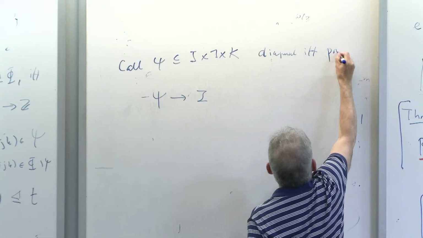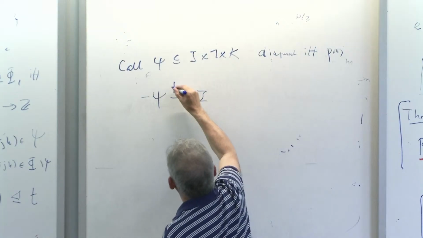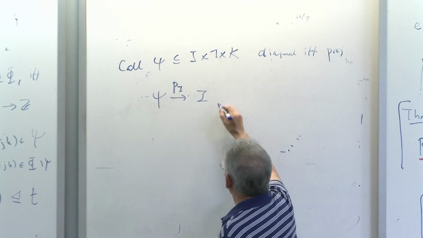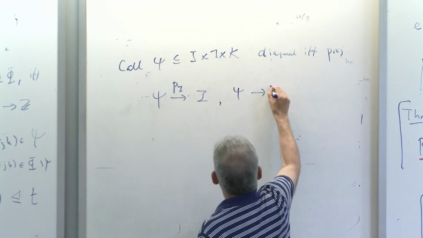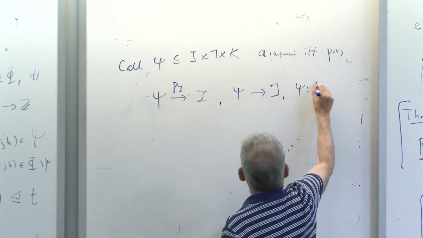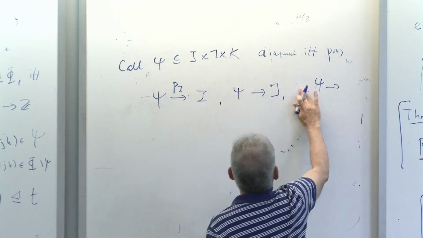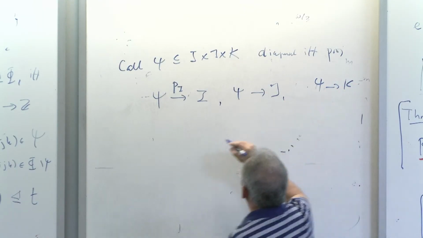Here is a projection like P_i: just (i,j,k) is mapped to i, and I have all 3 projections. If these are injective.